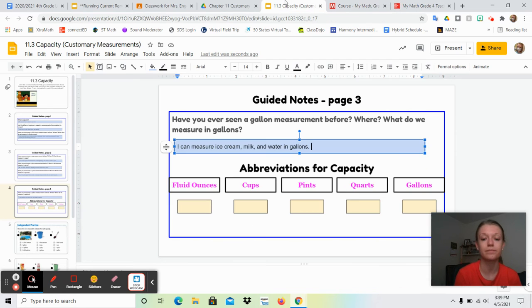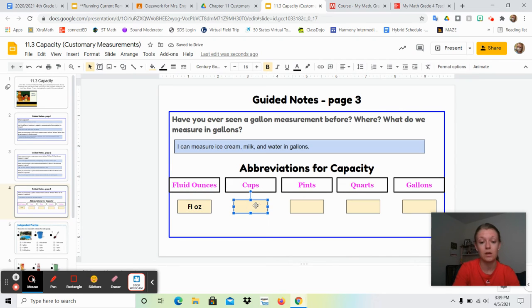Okay, so let's do our abbreviations. You've seen fluid ounces multiple times on here. It's FL OZ. It's okay if the F is capitalized. Cup is just C. Pint, I don't think it's abbreviated at all.